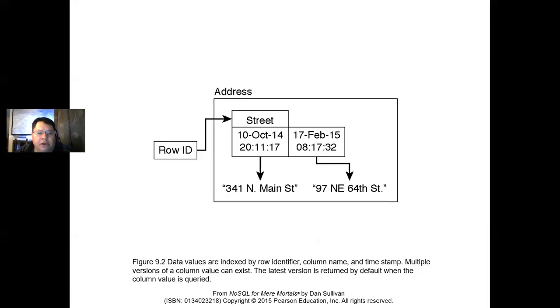So it's arbitrary and unique, but also a column name and a timestamp. And the timestamp is very interesting because that allows us to have very easily multiple versions of the same row. And if you think about that for a moment, you can imagine, especially as we're logging web activities and that sort of thing, why it would be useful to have multiple versions.